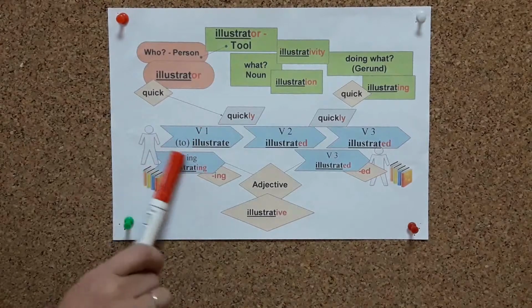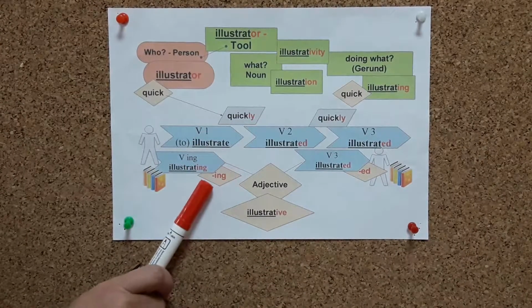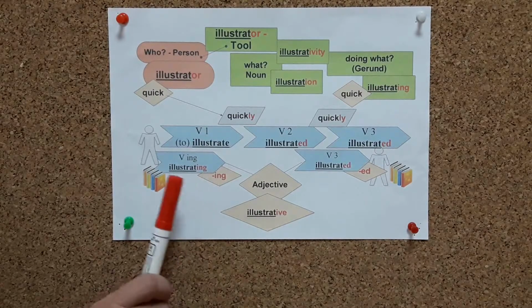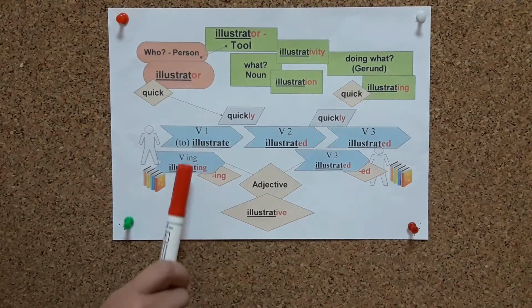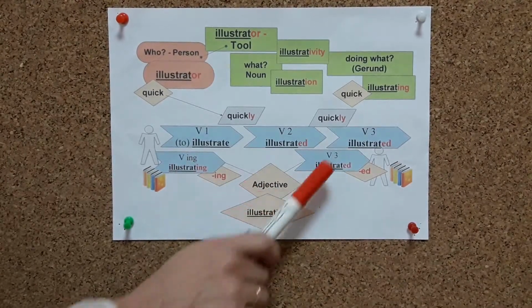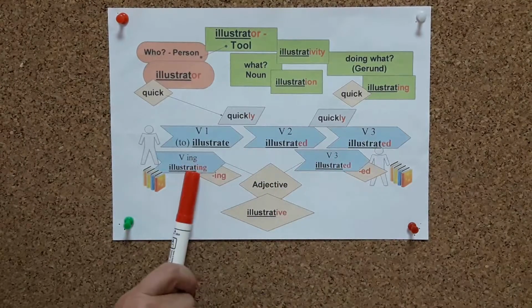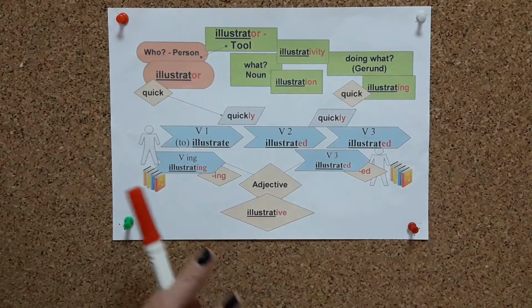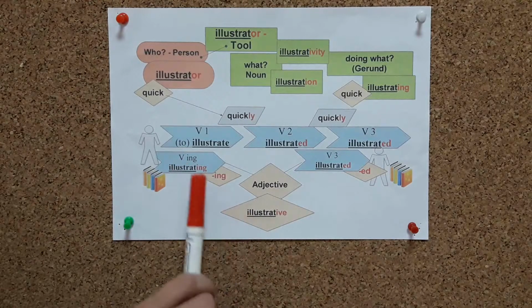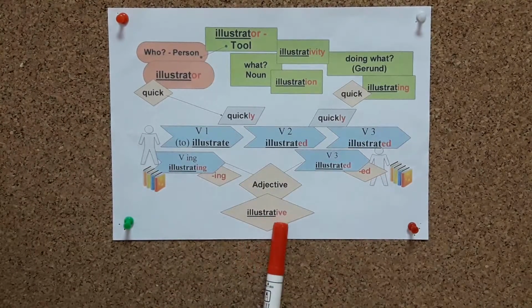So illustrating, the verb plus ing, also looks like an adjective when it means ілюструючий, той, що ілюструє. So both of these verbs may have the meaning of adjectives, and also illustrative is an adjective which doesn't derive from the verb endings. It just needs the ending -ive.